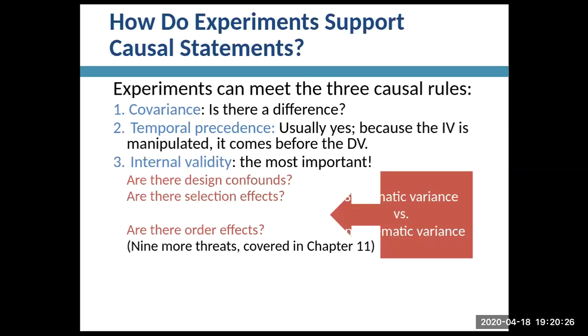So we ask the question, are there extraneous variables? In this case, we ask, are there design confounds? And are there selection effects? And of course, if it is a within subject's design, we ask if there are order effects, and that's where counterbalancing comes in.